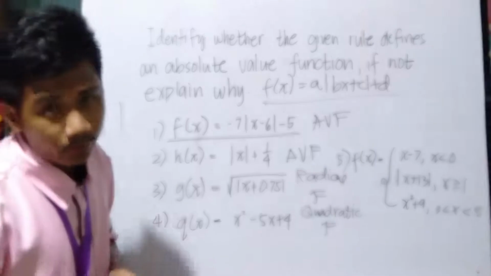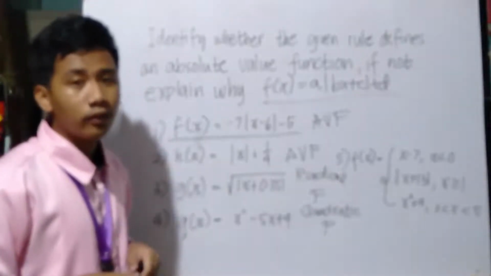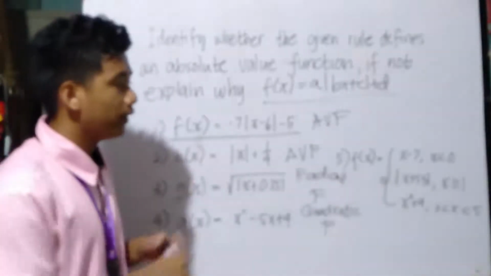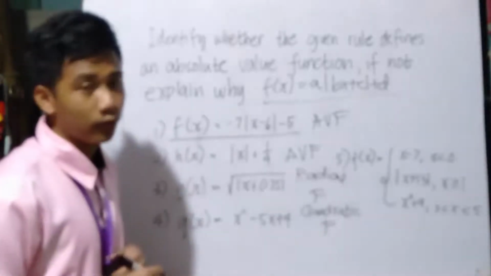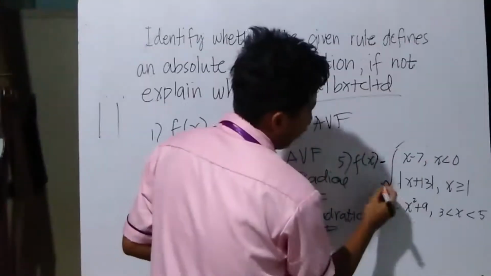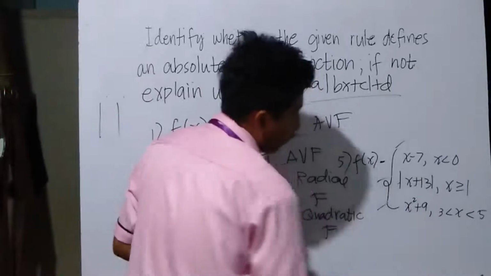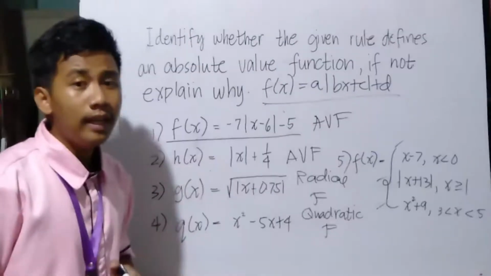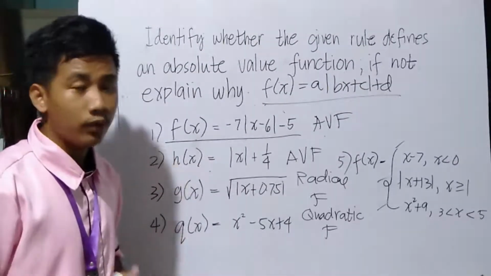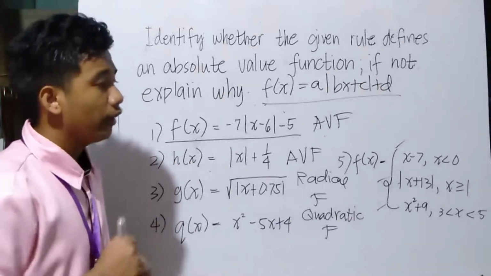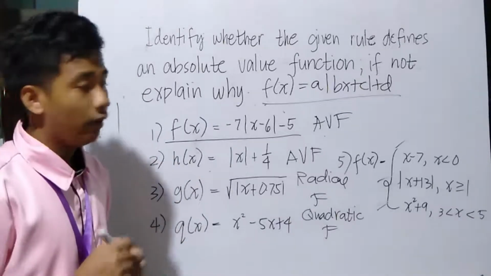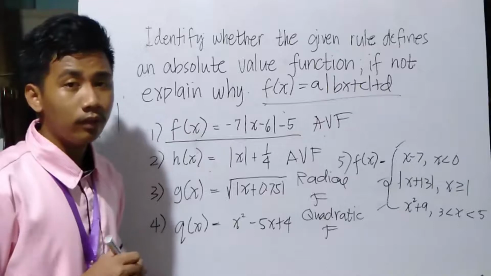Now, if this equation defines an absolute value function, take note that this function contains different types of functions, namely linear, absolute value function, and a quadratic function. Yes, the absolute value function was mentioned, but there are other two types of functions. Remember what type of function is this now?